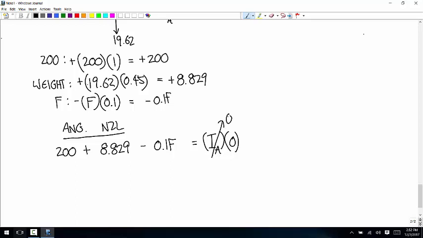This all goes away. And you get that 208.829 is equal to 0.1 F. And so F is equal to 2,088.29 newtons.